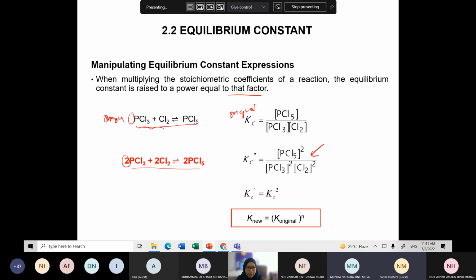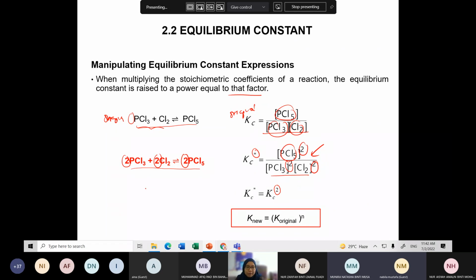The first one is a 1:1 ratio. The second one is a 2:2 ratio. This is the original Kc expression and this is the new one. How do we relate these two? It's the same thing, just doubled. So Kc of the new one is equal to Kc to the power of 2, because the coefficient involved is 2.